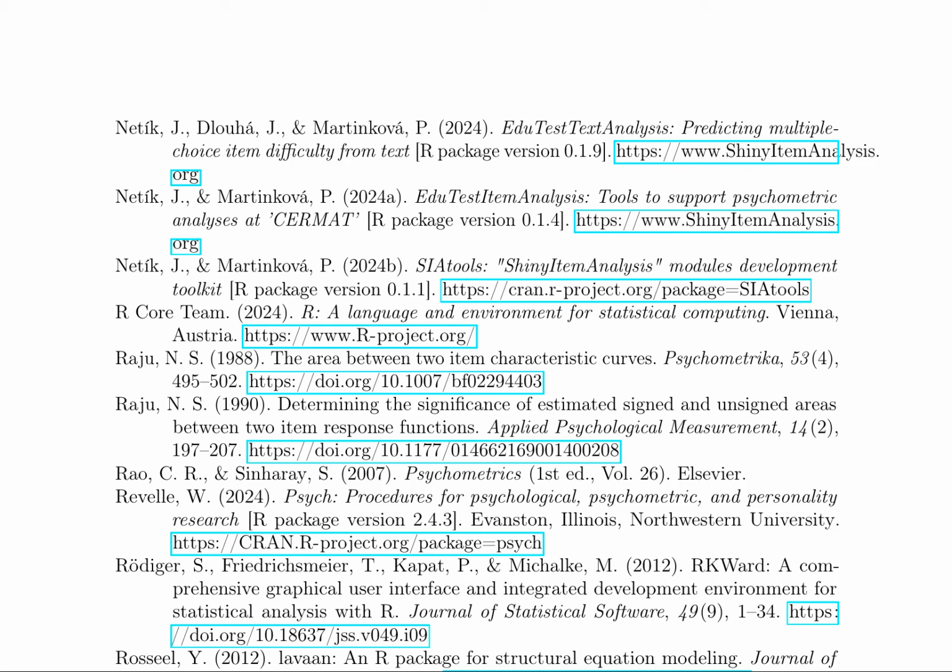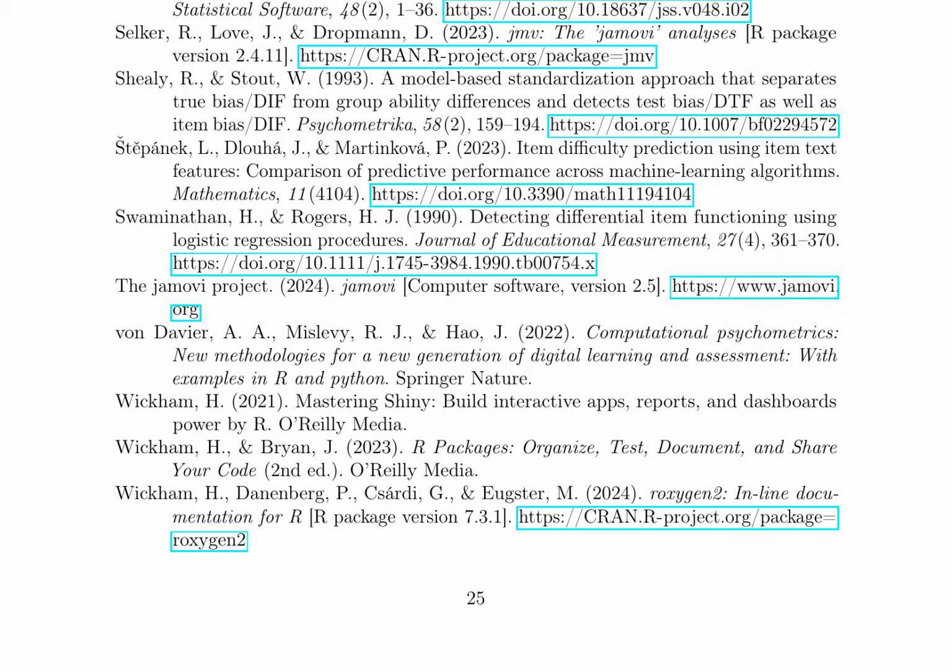The research focuses on predicting multiple-choice item difficulty from text using machine learning algorithms. The authors introduce several R packages for psychometric analyses, including EDU text analysis, which predicts item difficulty based on text features. They also discuss the significance of item characteristic curves and the detection of differential item functioning.